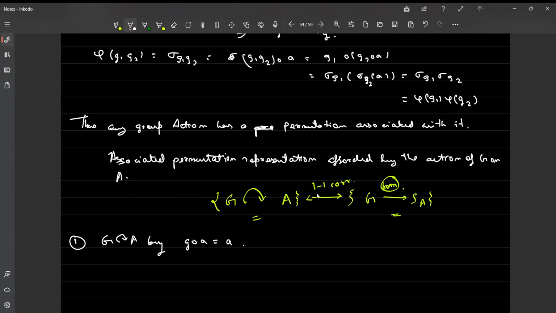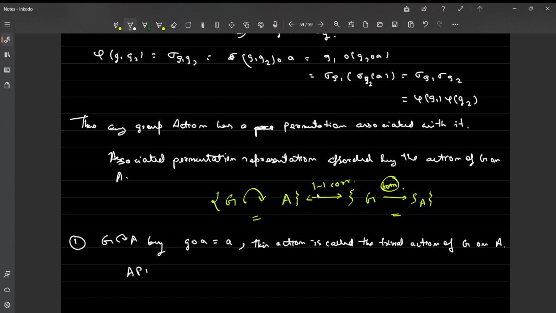Obviously, G is a group and A is an arbitrary set. I won't mention that every time. This action is called the trivial action of G on A. Clear?